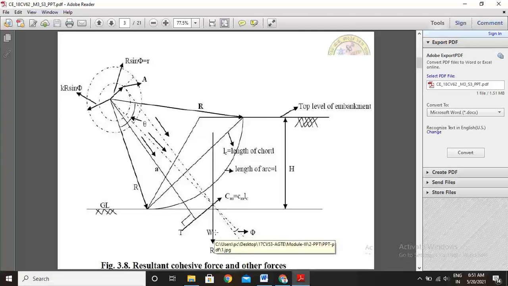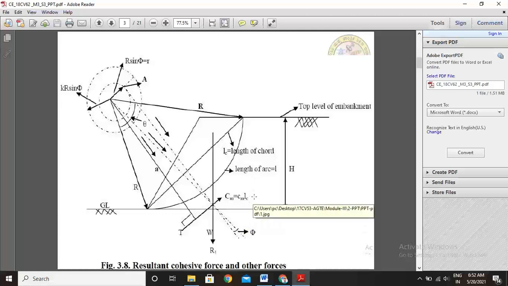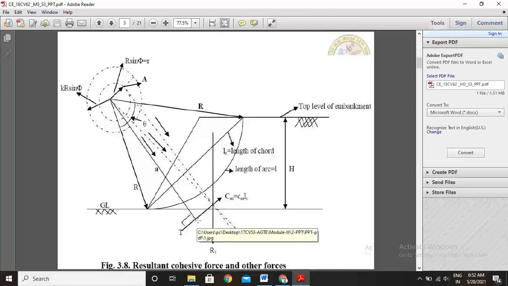This is the tangential point, and this is the self weight of the embankment acting downwards, that we are denoting as W. This line we are calculating as Cm equal to Cm into Lc, where Cm is the mobilized cohesion and Lc is the length of our chord, so this is called the chord. This is the lever arm A, and this is the radius line.